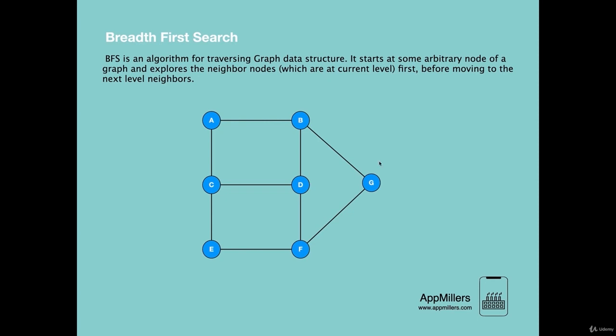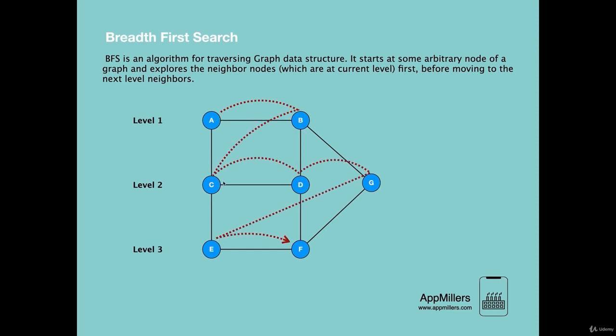Here, as we mentioned, it's using level order traversal. So this is our first level, this is the second level, and this is the third level. If we start from A, first we have to visit first level elements, then second level elements, then finally third level nodes. So in this case, if we start from A, our traversal will look like this.